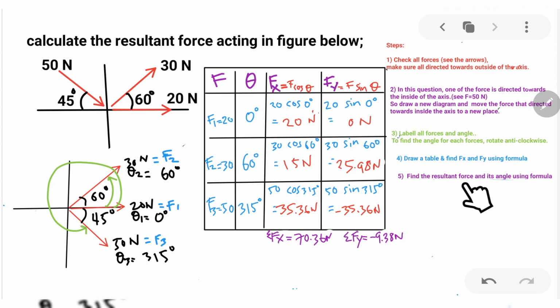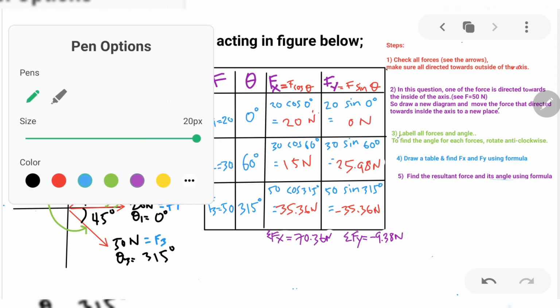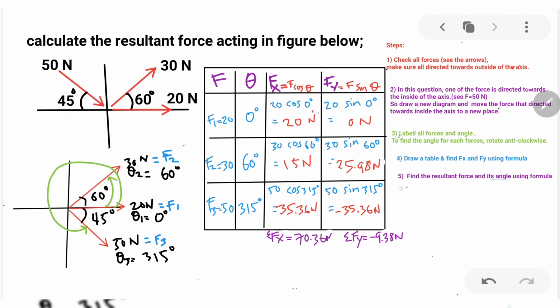Okay, so to find the resultant force, you will use the formula of resultant force, which is given by Fr equal to the square root of the sum of Fx squared plus the sum of Fy squared. Okay, so you just put the information here into the formula.